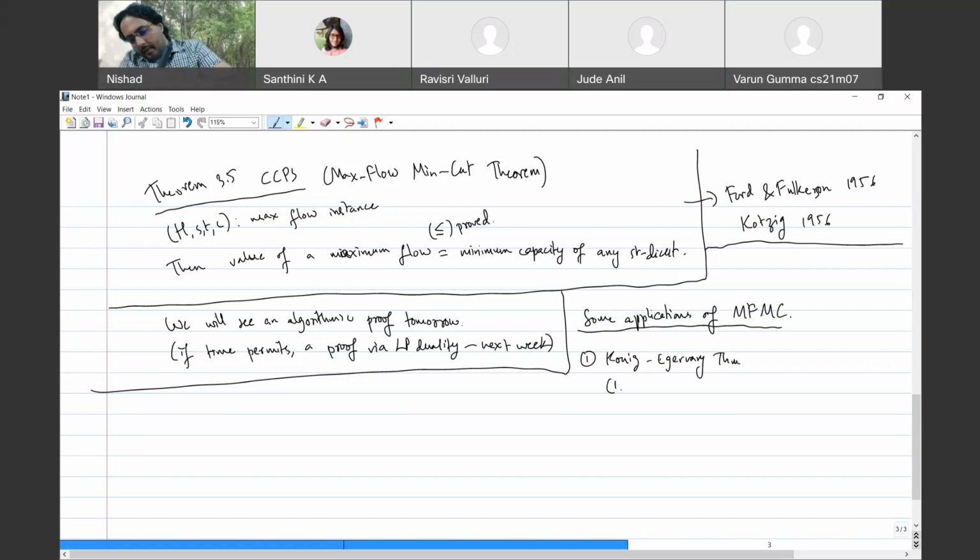It says that for bipartite graphs, max matching is equal to min vertex cover, right? And this can be proved using MaxFlowMinCut, but you will be proving it on assignment 5 using integrality of polyhedra that we have been discussing in the last few lectures. Okay.